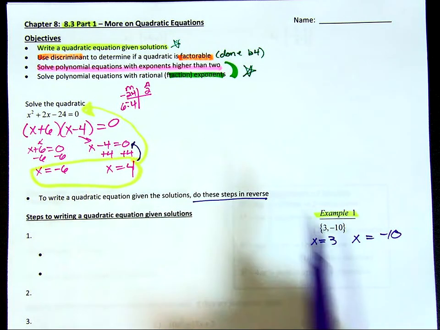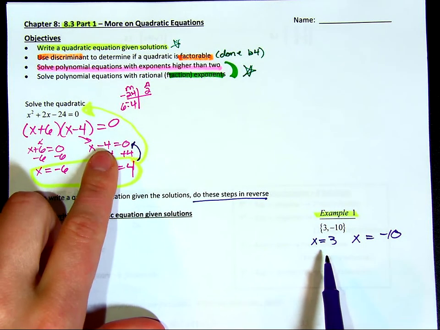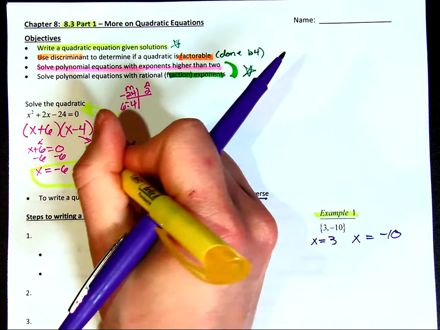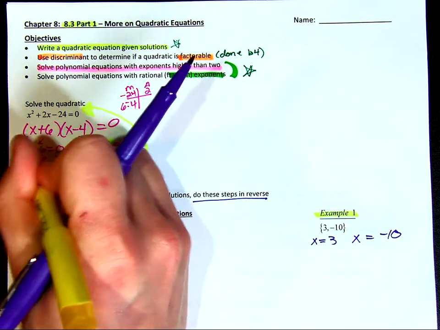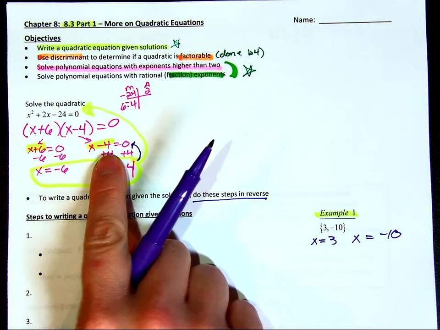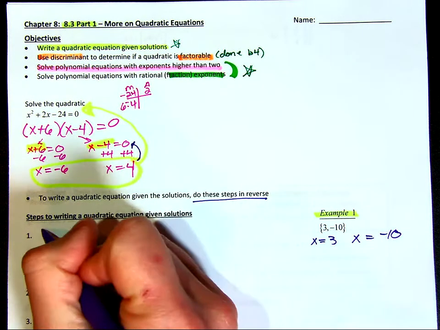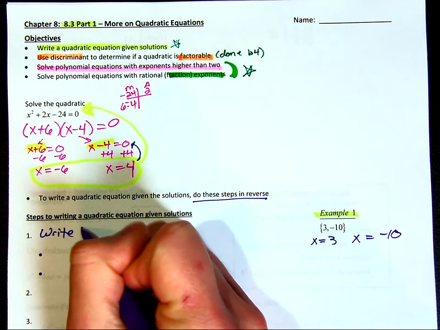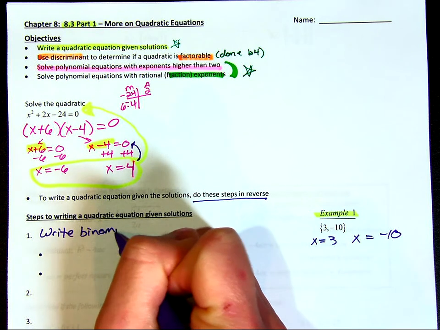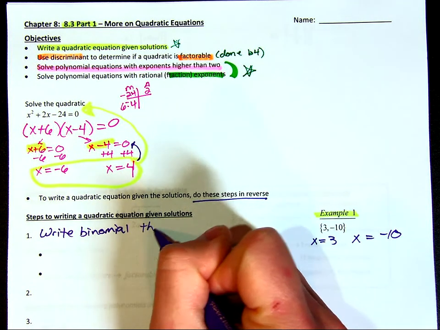So I need to write a binomial like this that would give me this as a solution. So this is our first step: a binomial that gives you those two solutions.